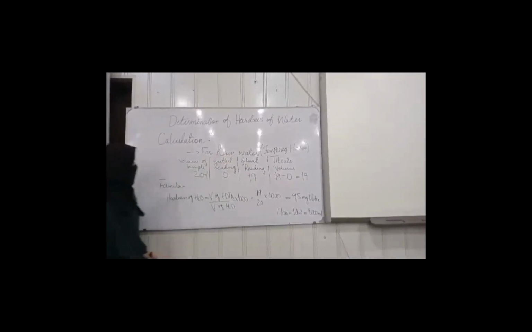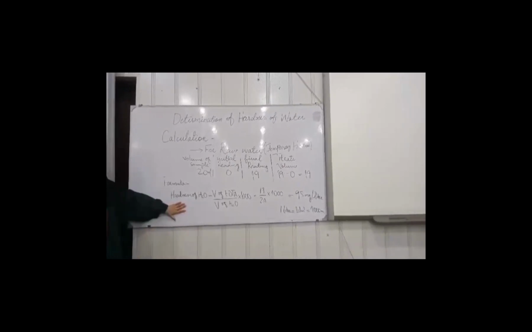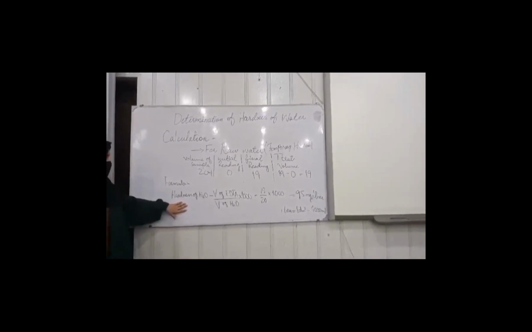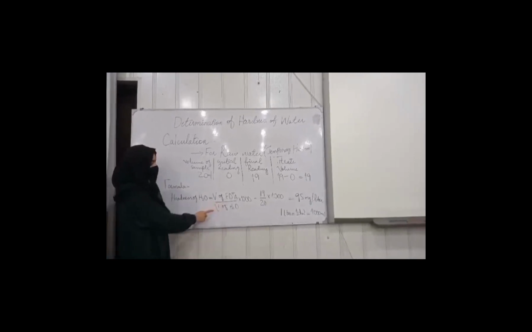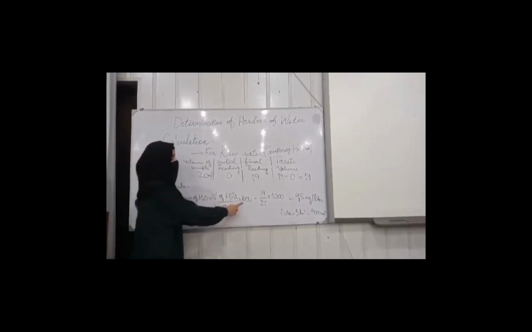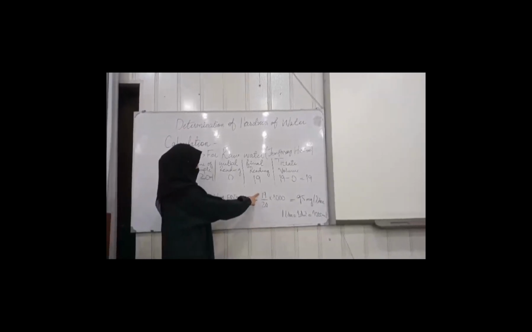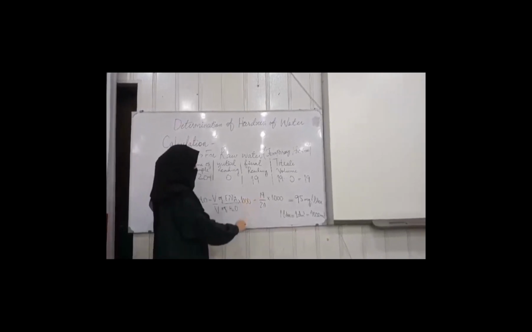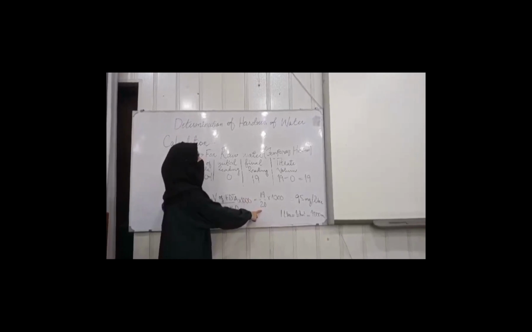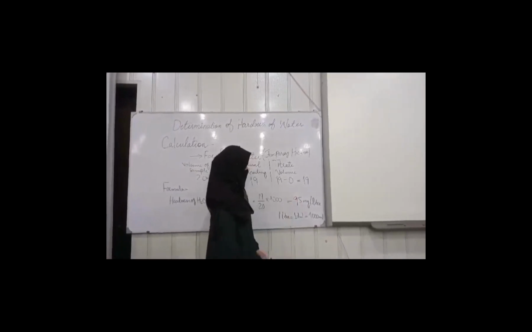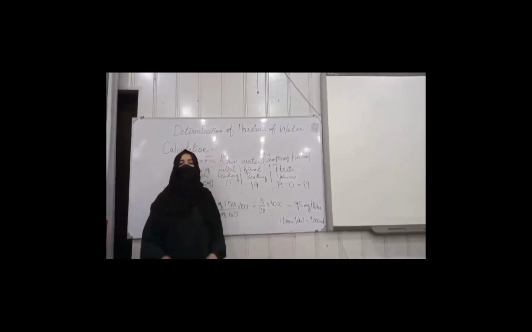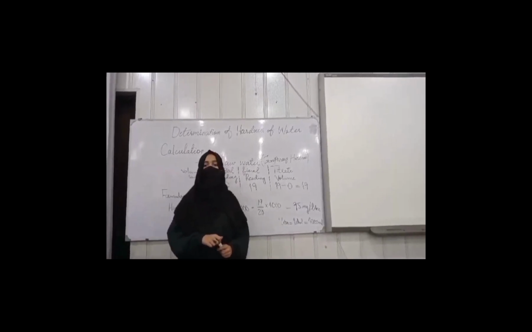The formula used for the determination of hardness in water is: hardness of water is equal to volume of EDTA divided by volume of water multiplied by 1000, which is 19 over 20 multiplied by 1000. The answer is 950 milligram per liter. One liter is equal to 1 cubic decimeter, and 1 cubic decimeter is equal to 1000 ml.